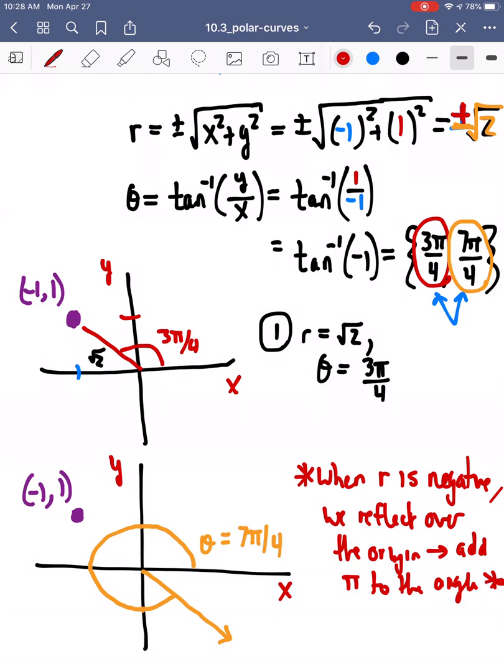So in this case, if we have this angle that's shooting us into quadrant 4, the angle 7 pi over 4, but we want to land in quadrant 2, well, if we just use a negative value of r, that'll take us from here and basically shoot us over to the point that we want.